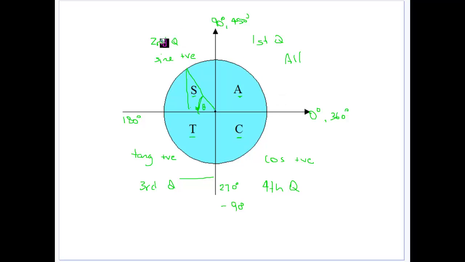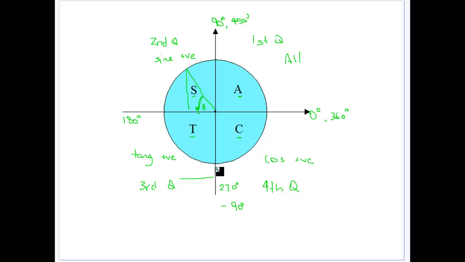If we go 45 degrees but then go around 360 degrees and get 405 degrees, that would be in exactly the same position. It doesn't matter whether it's 45 or 405, it's 45 degrees in the first quadrant. It doesn't matter how many times you go around, it'll come back to that same spot every time.